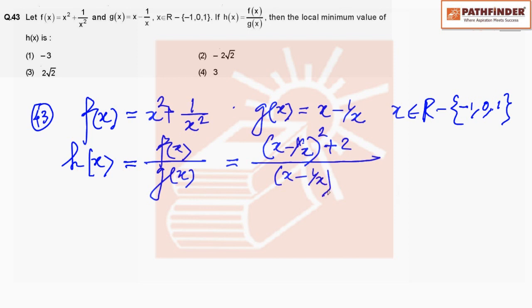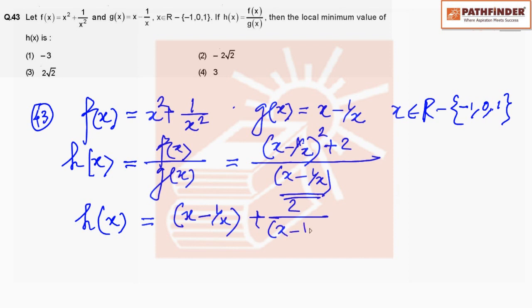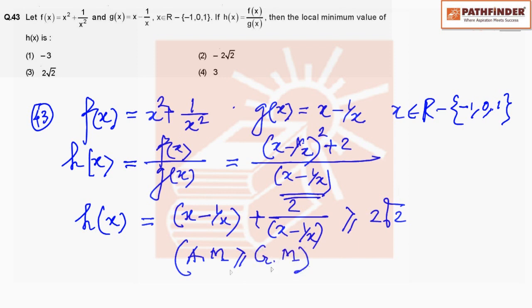Now to find out the local minimum value of hx. As you know, the local minimum value will occur if this part is positive. So we can say hx is x minus 1 by x plus 2 by x minus 1 by x, which is greater than or equal to 2 root 2, by using the AM greater than or equal to GM method.